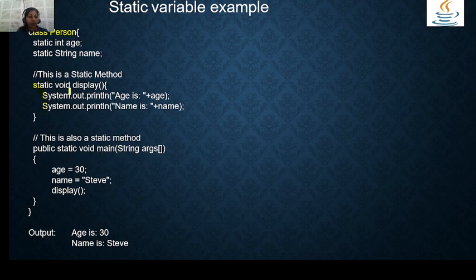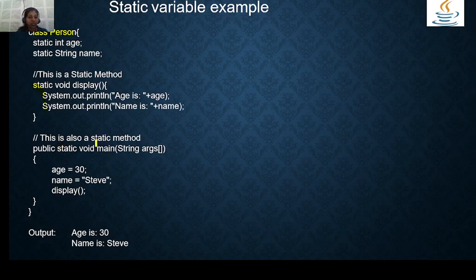In the static method we can only access the static variables, and we cannot use the non-static variables. This is the main difference. So in this static method we have the static variables age and name, and we are just printing out the age and the name.